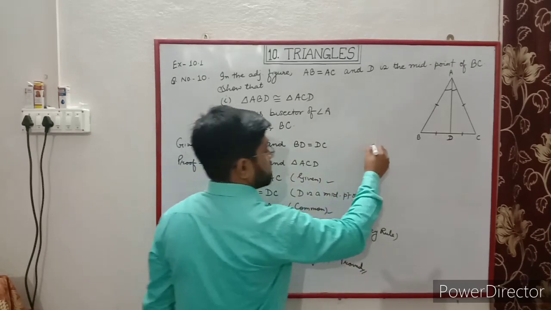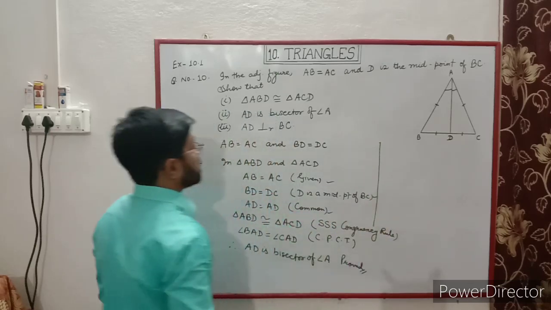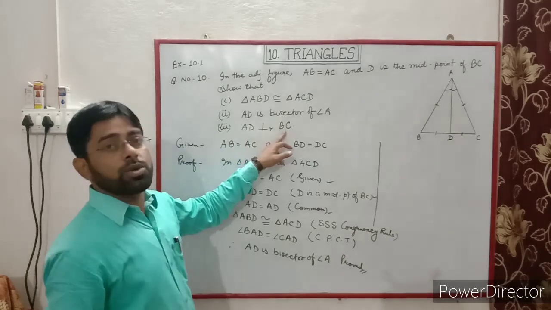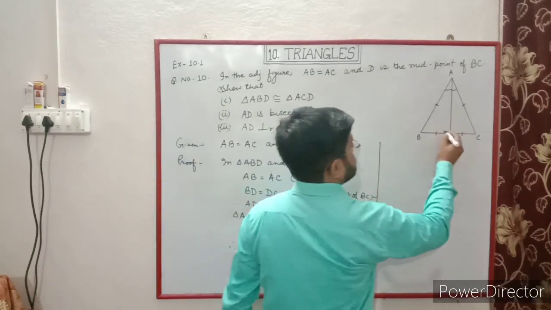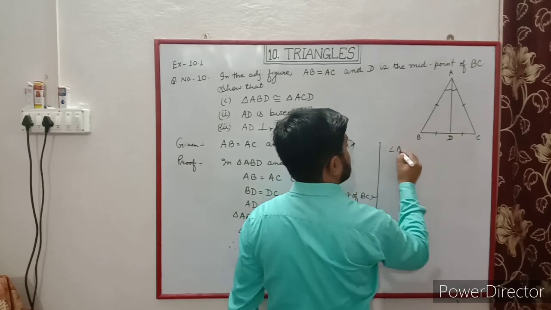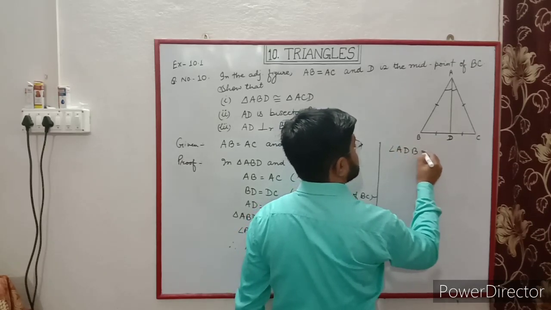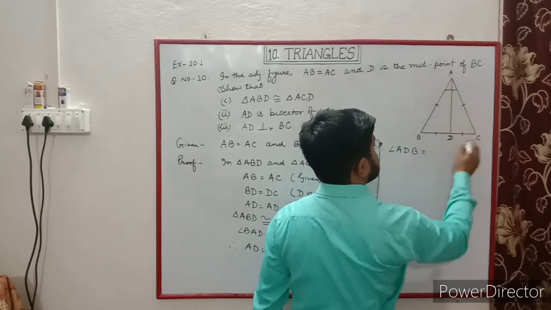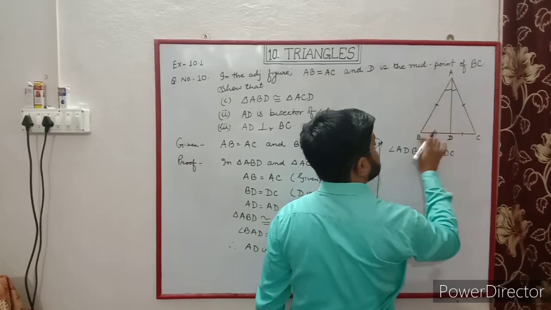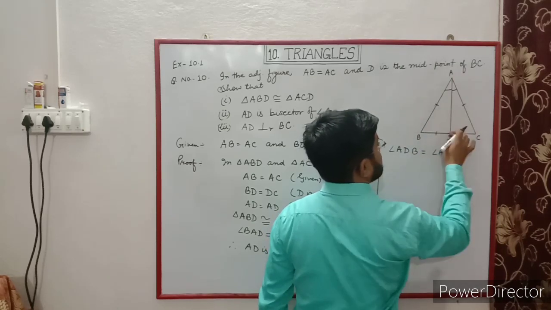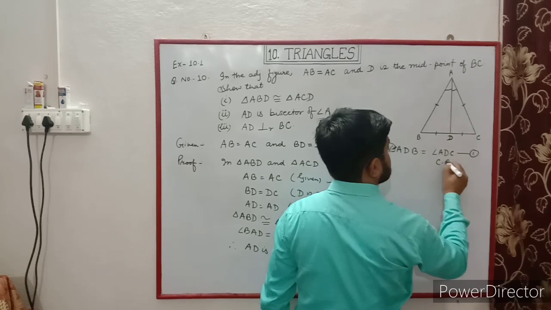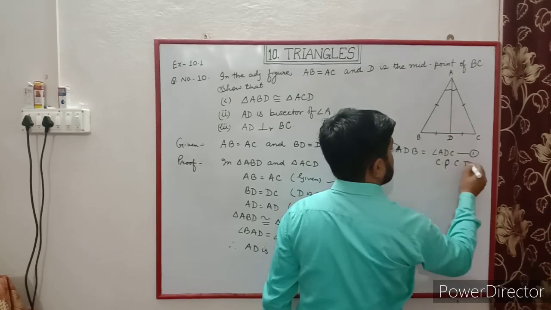Now the third part, we have to prove AD is perpendicular to BC. So angle ADB is equal to angle ADC by CPCT.